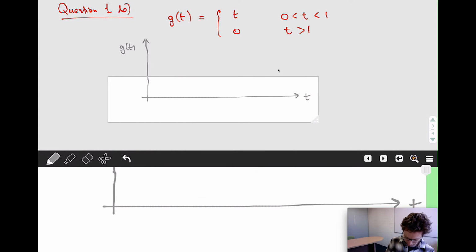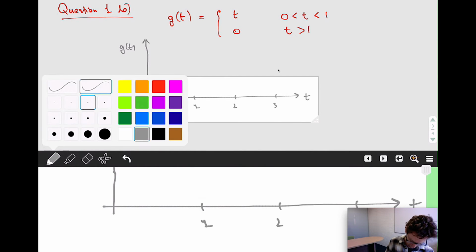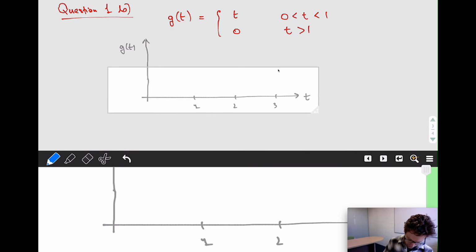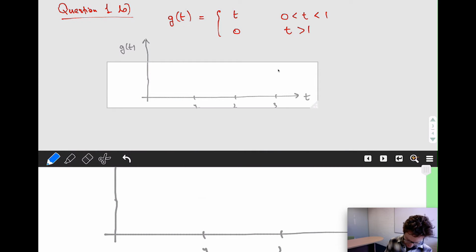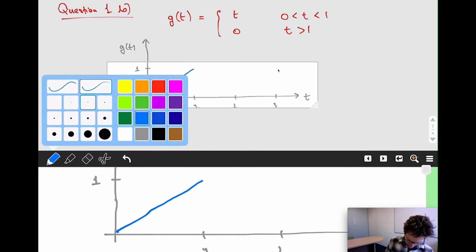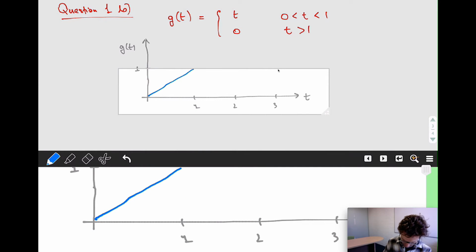And we know that this thing changes at t equals 1. Okay, so this function is behaving like t, so it's just a straight line passing through the origin between 0 and 1. So you can see that its maximum value is going to be 1. And after that point, it just takes the value 0.